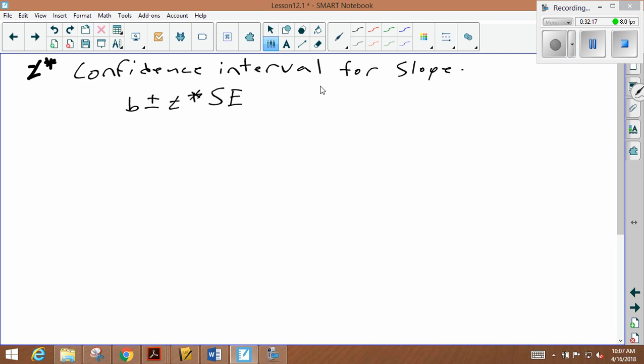And that's what I had written here. And then our standard error of our slope is the standard deviation divided by the standard deviation of x times the square root of n.